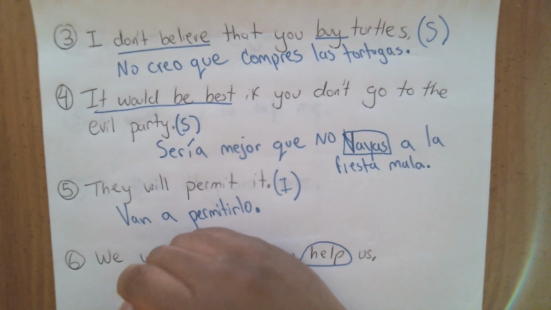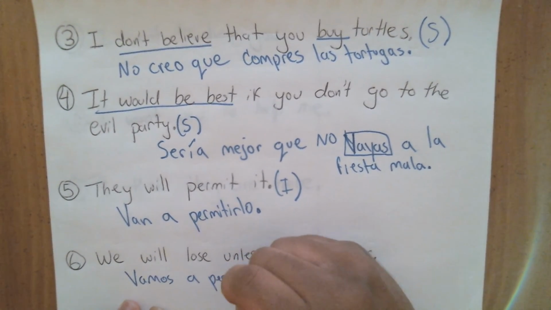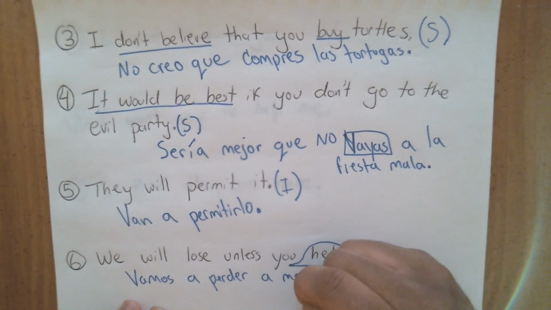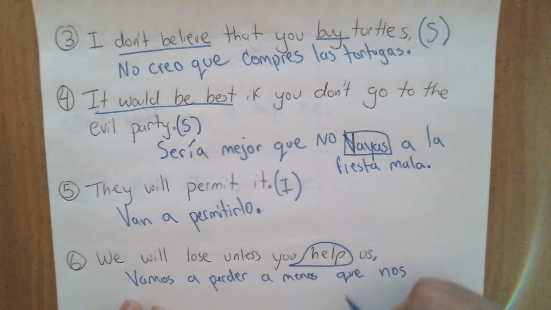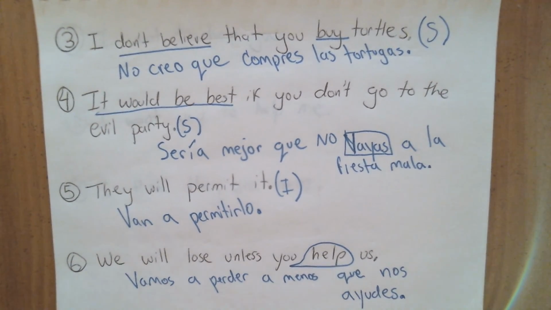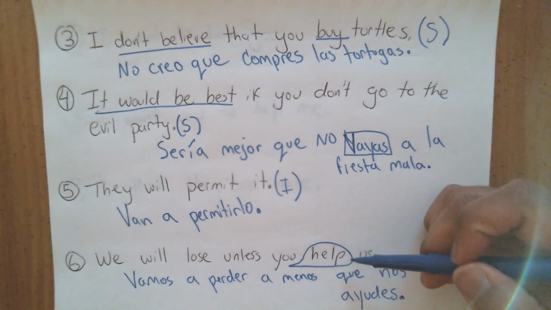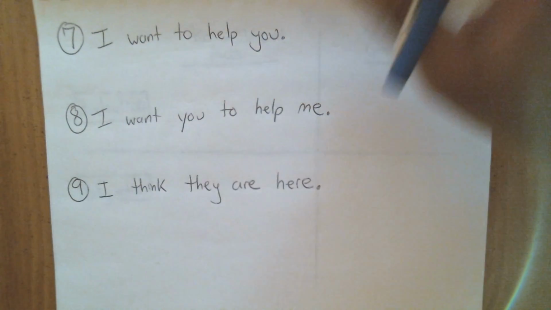So it will be vamos a perder a menos que nos ayudes. Okay? Ayudar being in the subjunctive because it is something that I expect you to do that you haven't actually done yet.